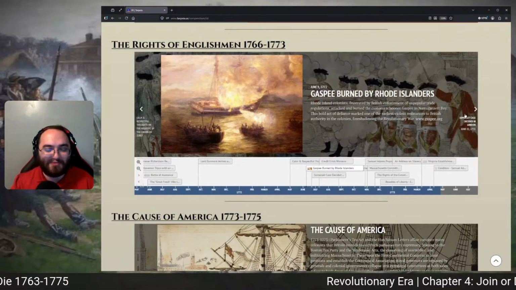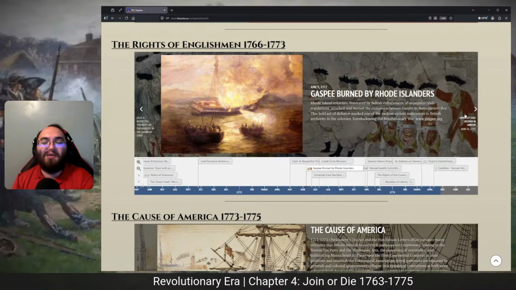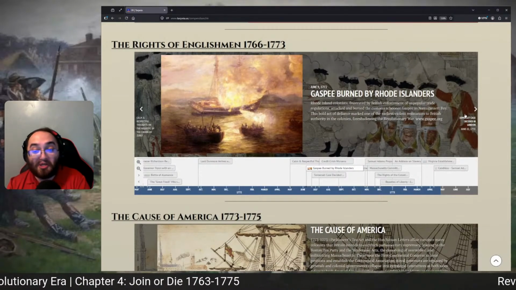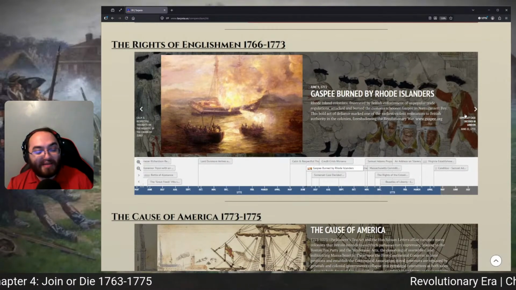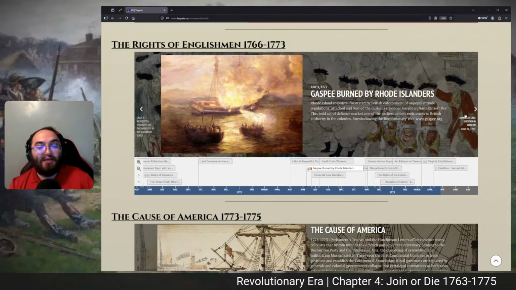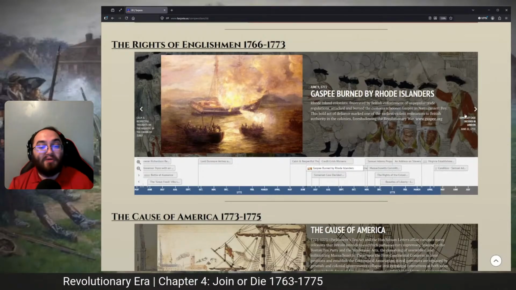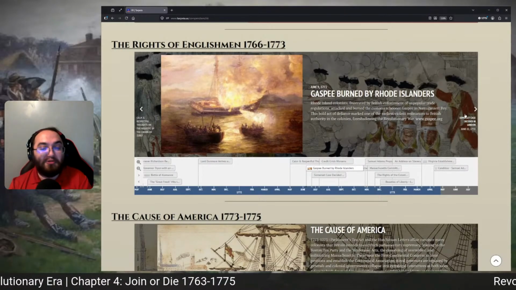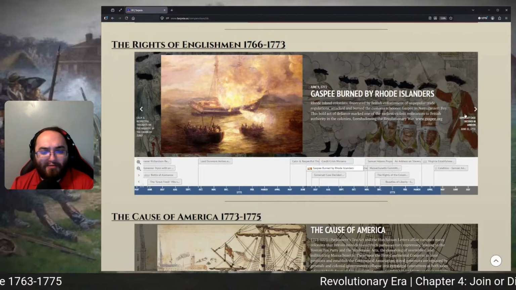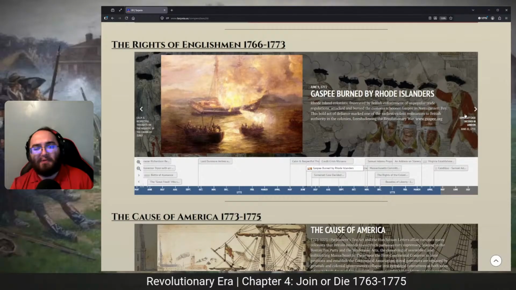I shouldn't have said that, because they are absolutely causing problems for the British by burning a ship that even the king, George III, will talk about to Parliament and encourage Parliament to punish those who burn this ship. So it's interesting that the king gets involved in the imperial crisis because this ship gets burned.